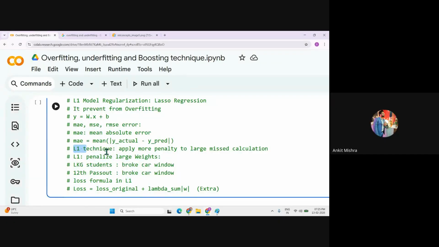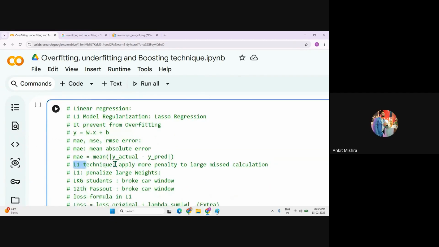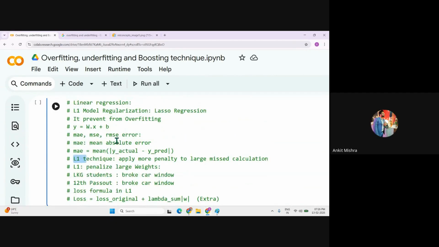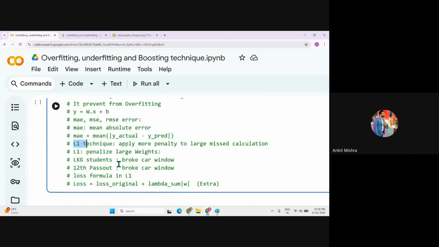In this L1 technique we try to minimize the overfitting issue, right? This L1 we generally use for minimizing the overfitting issue, not for underfitting. Just remember this, right? For underfitting, we have different solutions, not L1 and L2 techniques. We always use L1 and L2 techniques to eliminate the overfitting issue, right?